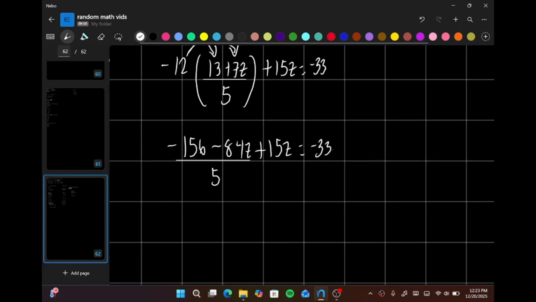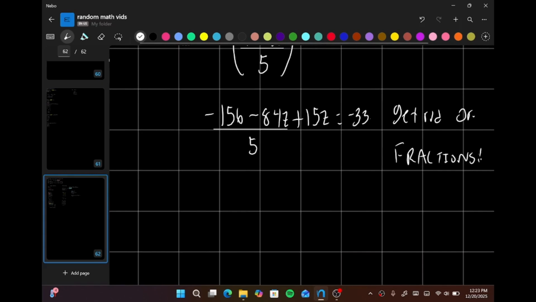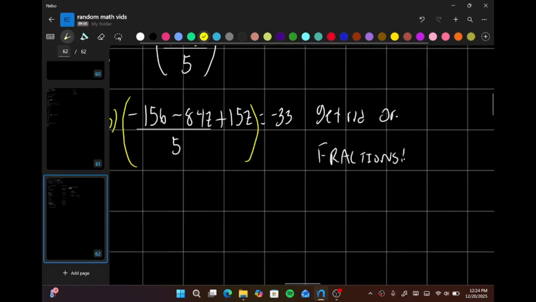Now, after this, what we want to do is get rid of any fractions. And how do we do that? We're going to multiply by the denominator, guys. So we're going to multiply this whole thing by 5, as well as on the right side.